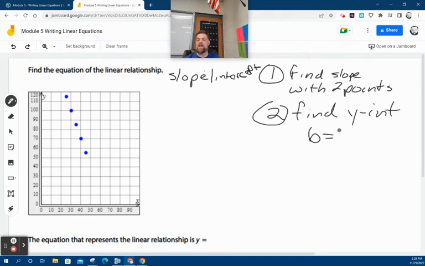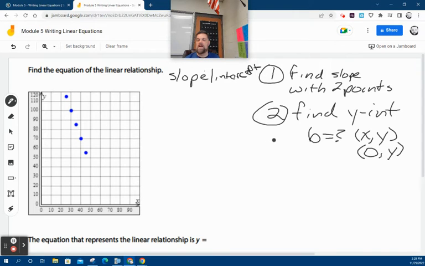So we need to find out what b is. Now, sometimes they give that to us, and how do we know what that is? What's the x value for the y-intercept? Remember, y-intercept means it crosses the y-axis, so the y-intercept always has an x value of 0.